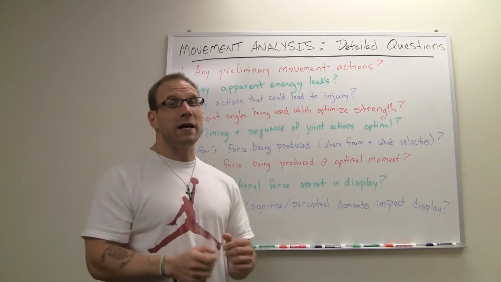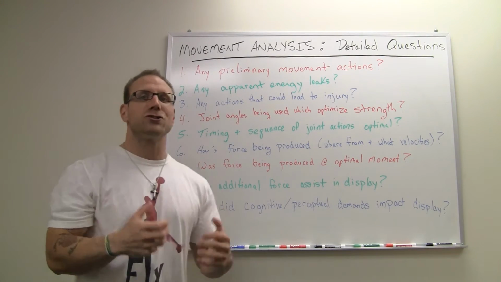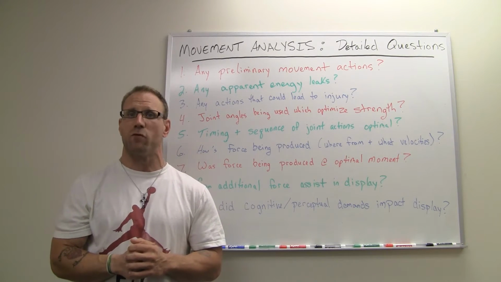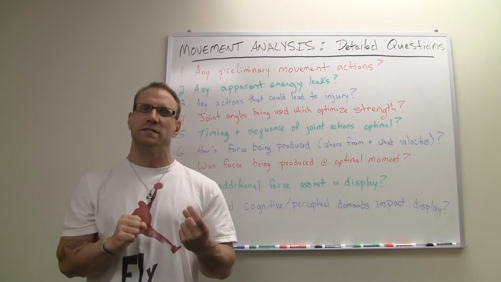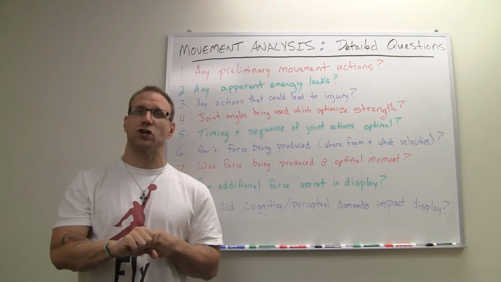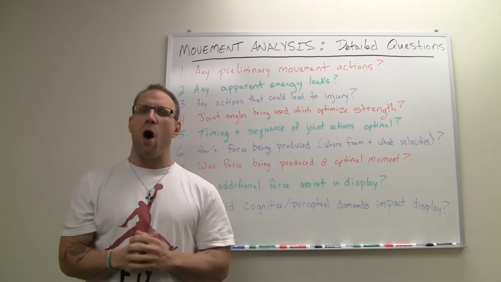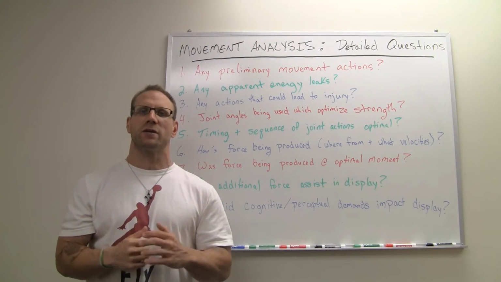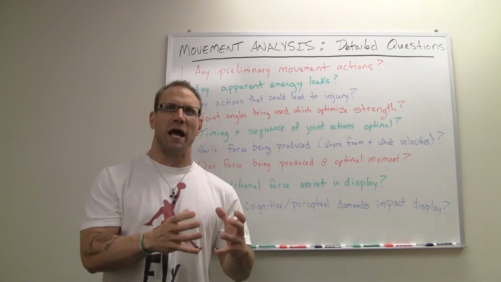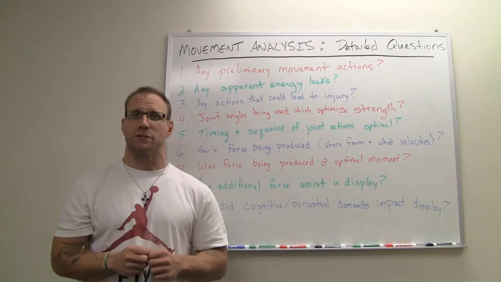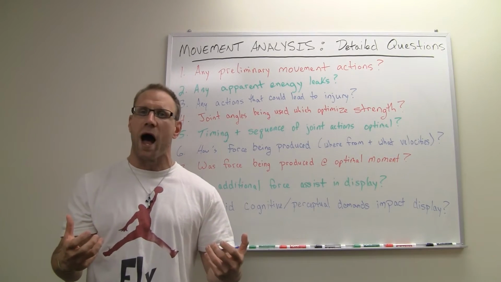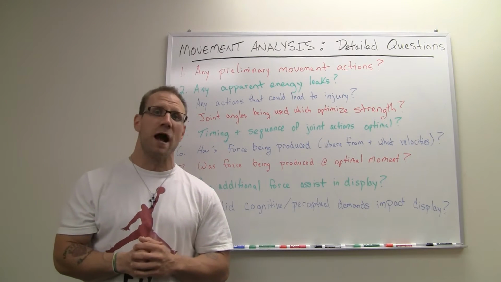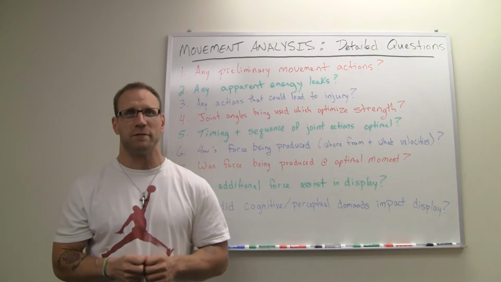But if we ask the right questions in regards to those things that are impacting the displayed characteristics of the sport movement taking place, such as the kinetics, the kinematics, and the kinesiological pattern, we're going to know how those three things and the factors of each one of those are contributing to the display that we're seeing. It's also going to help us troubleshoot exactly what factors we need to attack when we look at our path and our process towards attaining movement optimization.